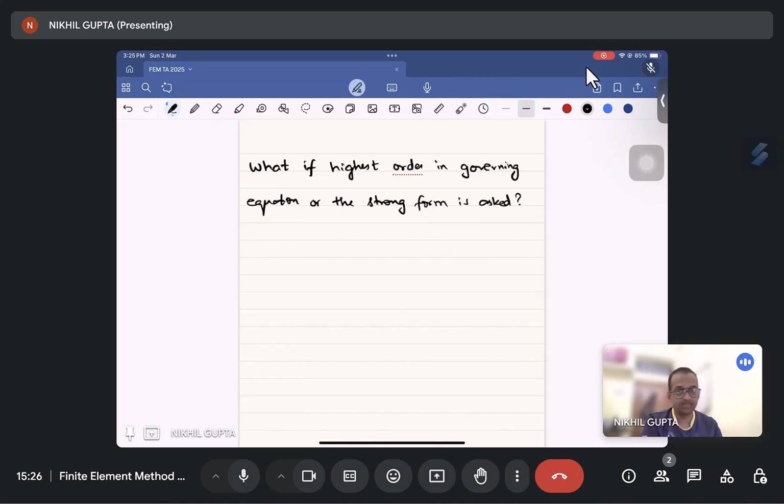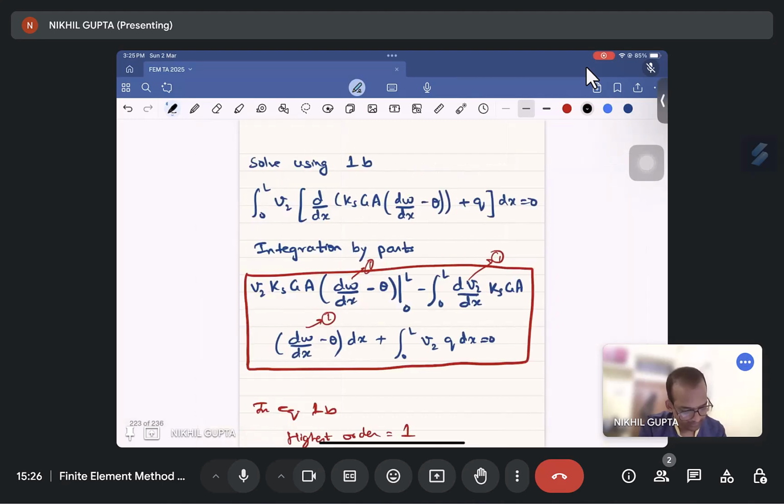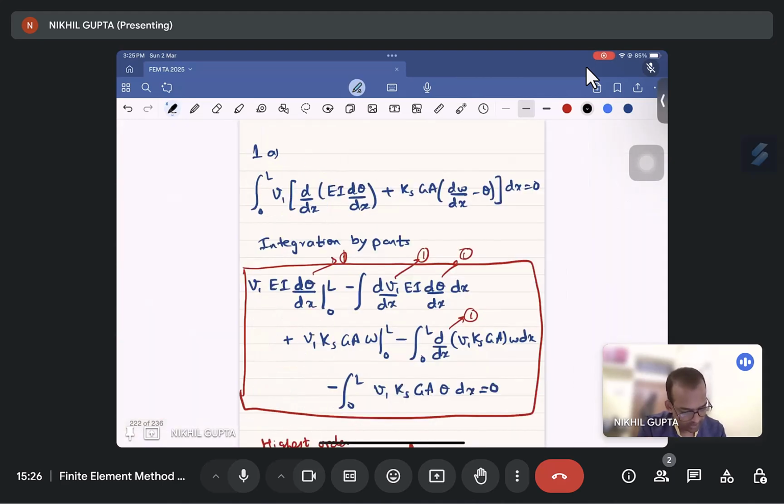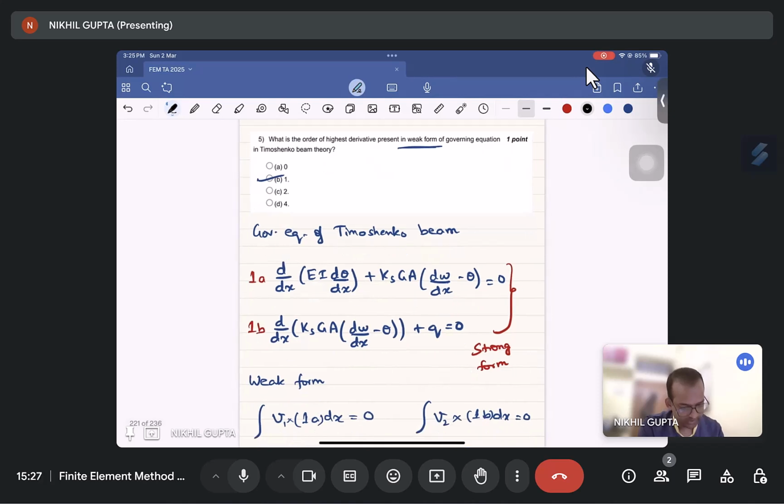Will the answer change? I'll give you 2 minutes to think about it. I'll open the strong form equations so you can have a look and think about whether the highest order derivative is the same, 1, or not.